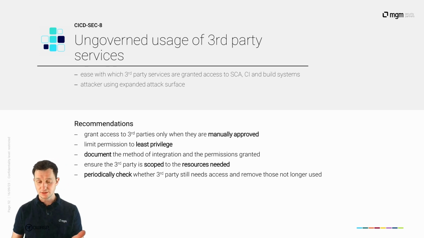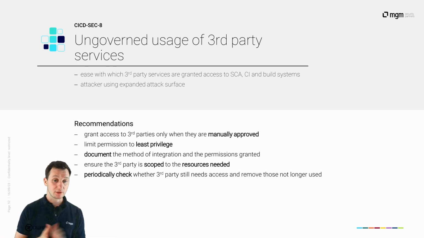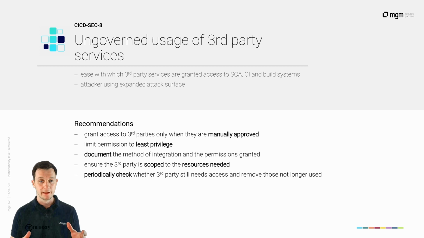So in the case of Codecov, for example, or the example I made up before, when you execute the script but the script has no access to secrets, because in the step where this script was executed no secrets were revealed to the environment variables, then we would be safe. That would be okay. So this would be the idea of limited permissions, the least privilege, for these third-party scripts or components.